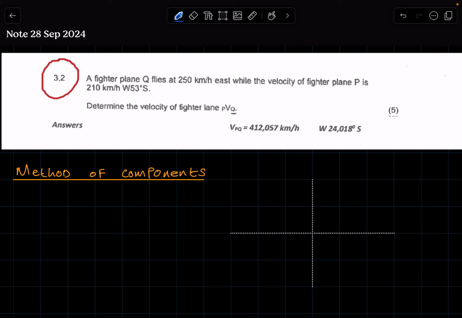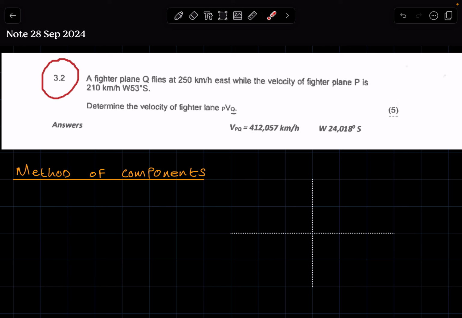In this video, we'll be looking at a problem based on relative velocity. Problems based on relative velocity can be solved using one of two methods. The first is the method of components, which is the one we're going to be using for this video specifically.